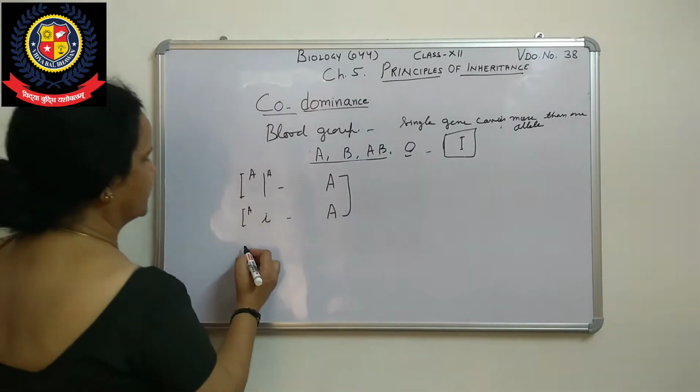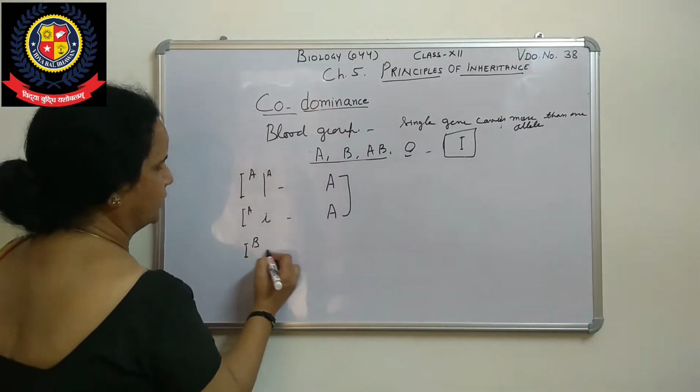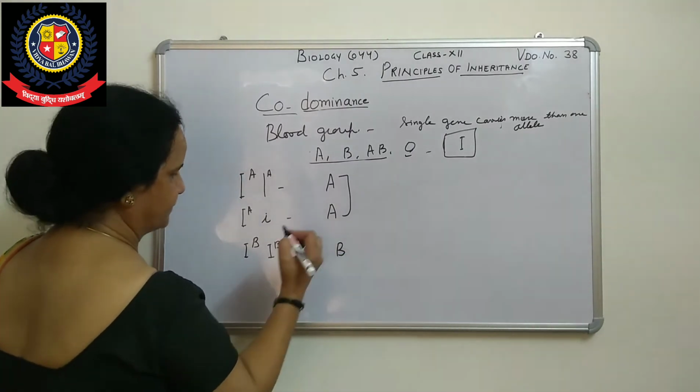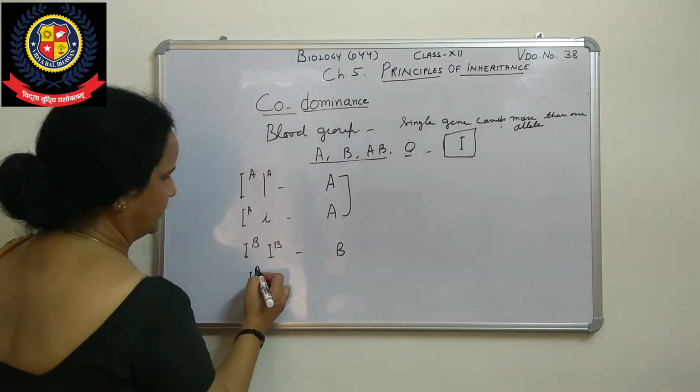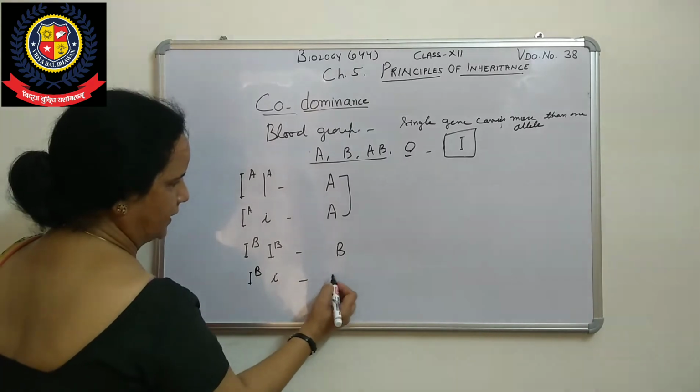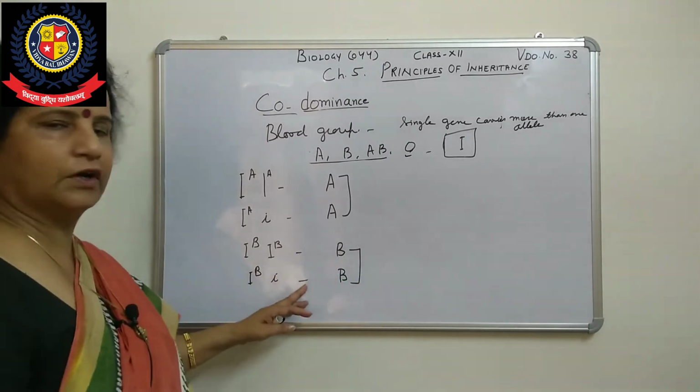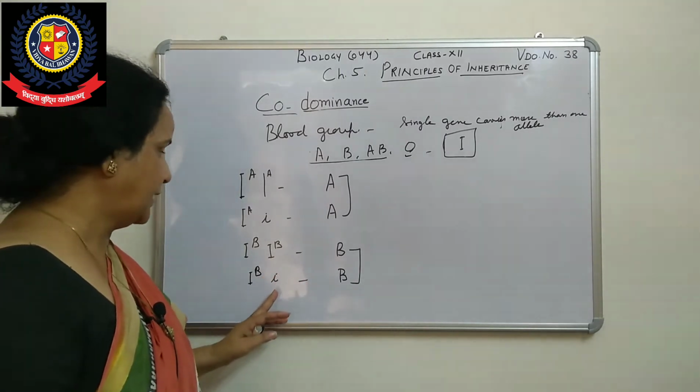Now the second condition: suppose B sugar is there in both, then blood group B. When suppose again B and O, I, then again the blood group is B. So again there are two conditions, homozygous and heterozygous.